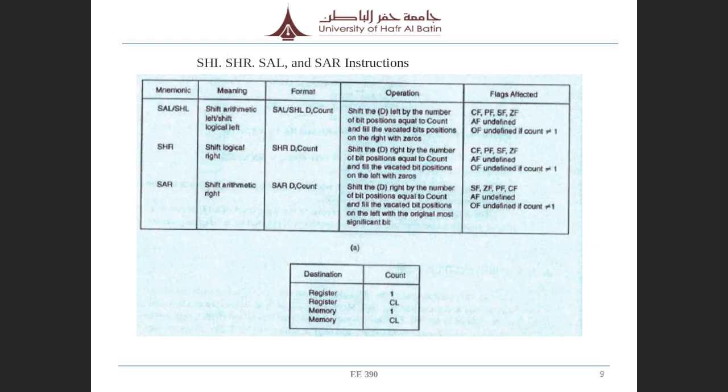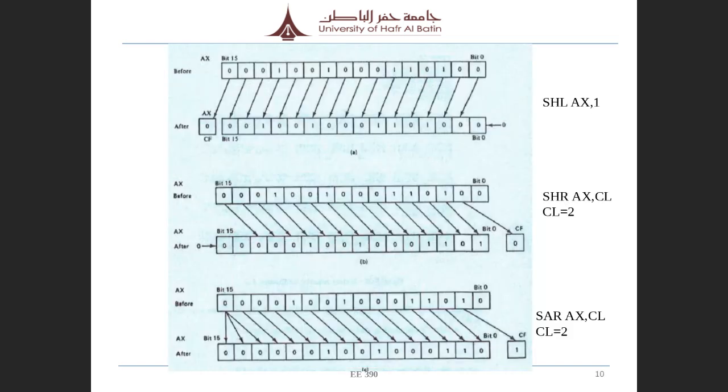So shift logical left and shift logical right. For example, the AX value is 0001 0010 0001 1010 0. So it's 16 bit. Now what happens if it is shift logical left AX, 1?